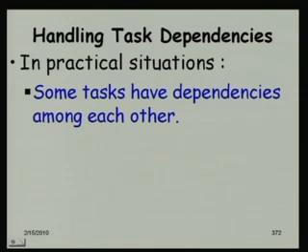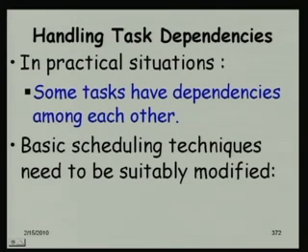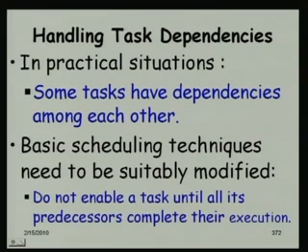We had assumed that the tasks are independent, and then we were saying that the basic scheduling techniques, the table driven, then the RMA and the EDF, need to be modified when there are dependencies among tasks.